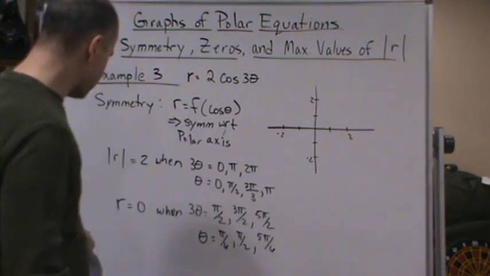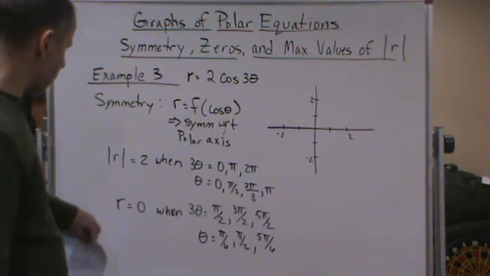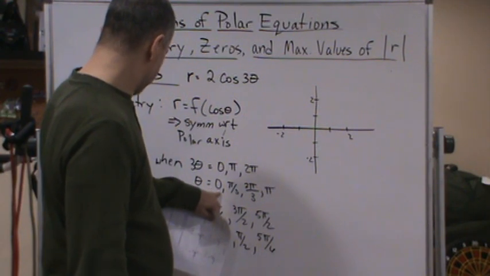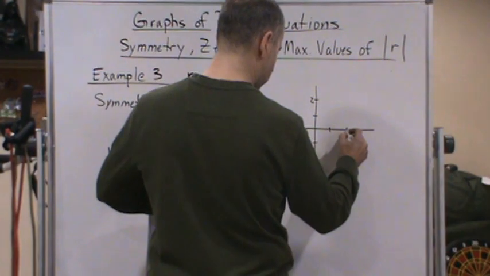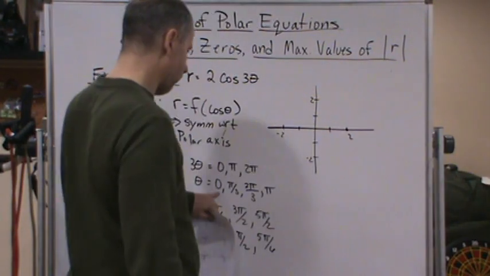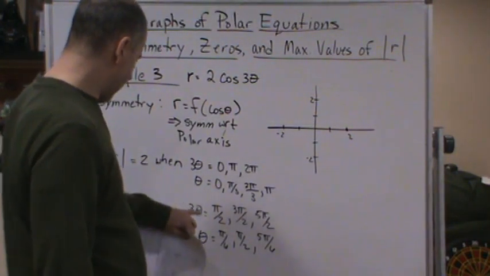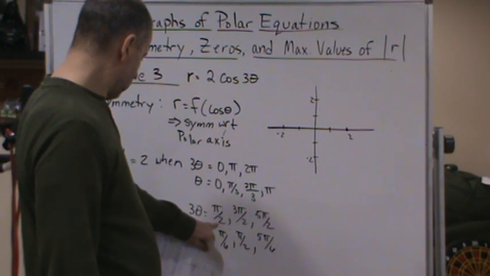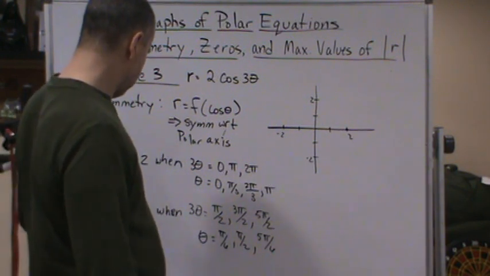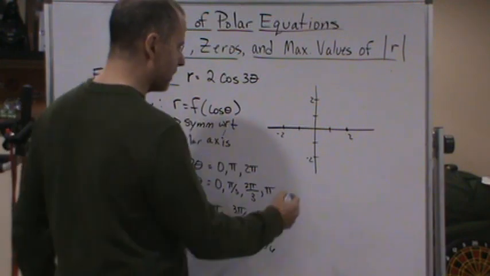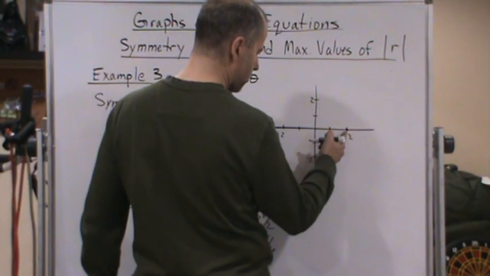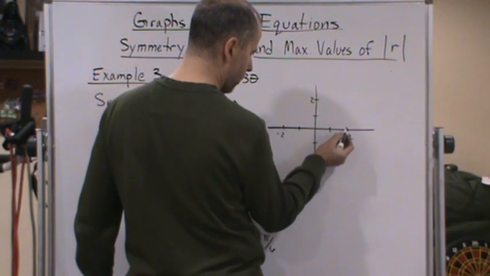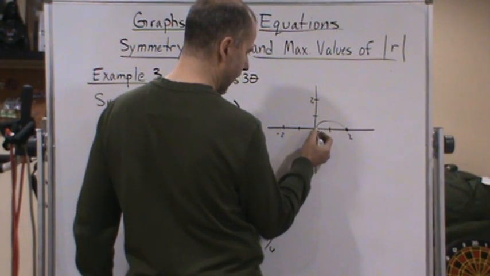So we're going to start at 2. When theta is 0, we're going to be at 2. When we're at pi over 2, it's 0. So if we plot some points, we start from 2 and we go to 0. So we're going to do something like that.